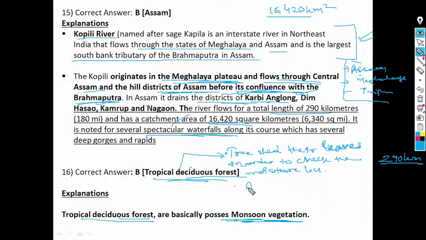And again the trees' leaves regenerate during spring.